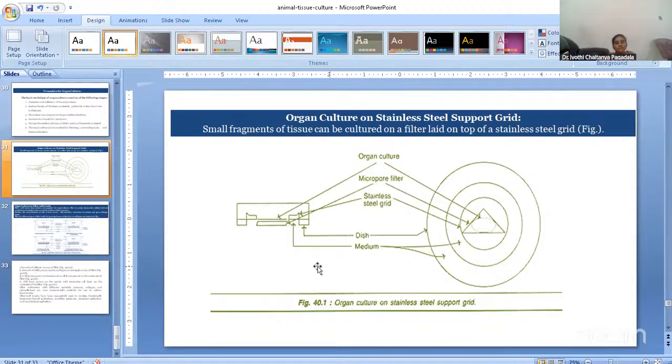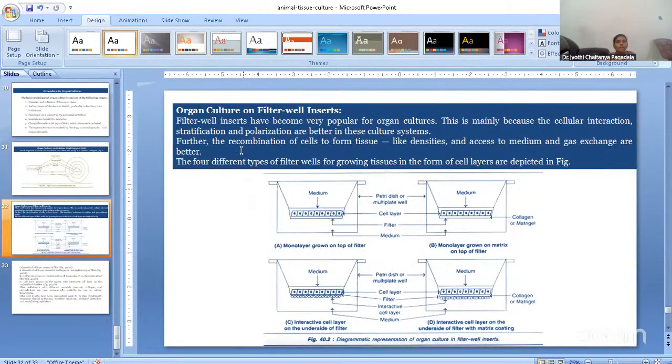This contains a dish and a medium. Here you are going to place it in the dish. So, the organ culture on a filter well insert. The filter well is a popular vessel for organ culture.